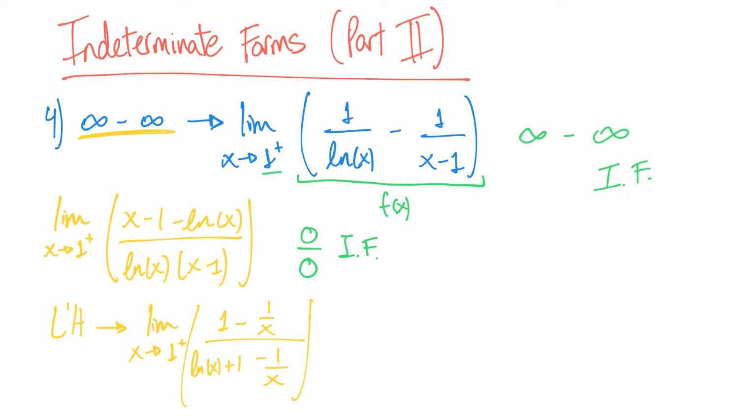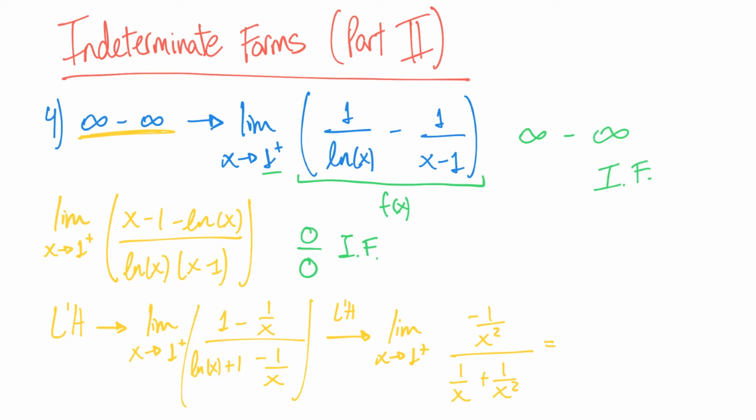And what do we do again? Because we still have an indeterminate form there, we apply L'Hopital again. Now we have the limit as x goes to 1 of 1 over x squared, over 1 over x plus 1 over x squared. Okay, all good so far.